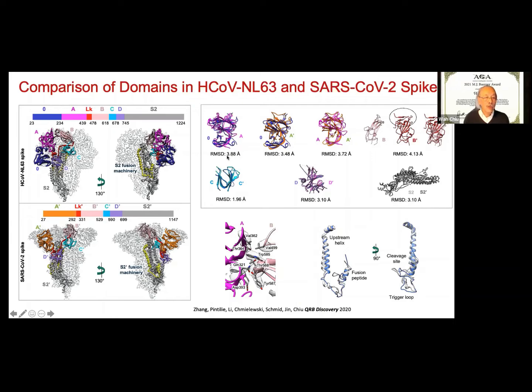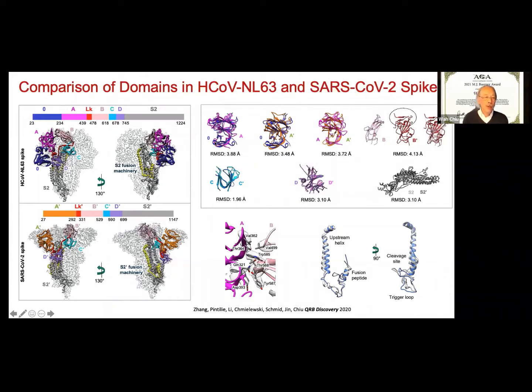When we compare the structures, when we superimpose each domain structure, the A and A prime have an RMS deviation of 3.7. So the fold is really, really similar, but at the sequence level they actually have less than 10% similarity.